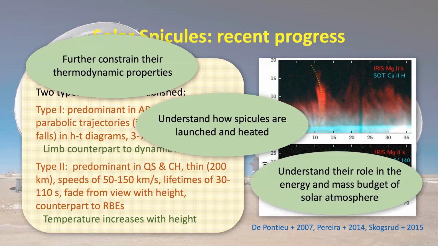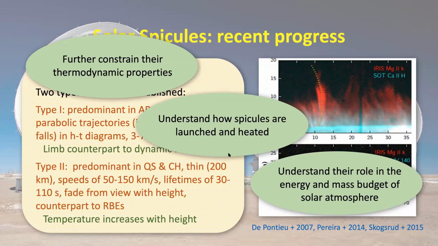These are not new questions, and in fact, George Withbroe posed just these questions long ago in a paper in 1983, where he pointed out that if spicules are in fact heated to coronal temperatures, the thermal energy content far exceeds the gravitational potential energy, and that they would be quite significant in the energy and mass budget of the solar atmosphere.